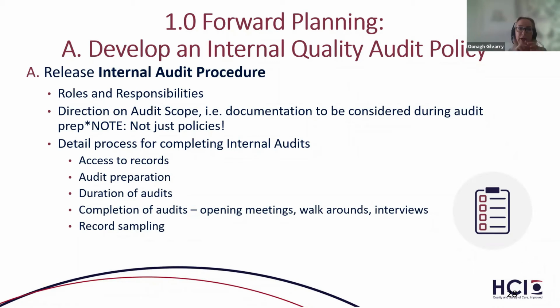So are we going to look at complaints, incident management, residents' rights? What are the little chunks we're going to take? And within those chunks, what are the specific documents that need to be considered in relation to it? We're going to look at that in the audit schedule. But within the internal audit policy, I want to see, how are people going to access records? What prep should they do beforehand?